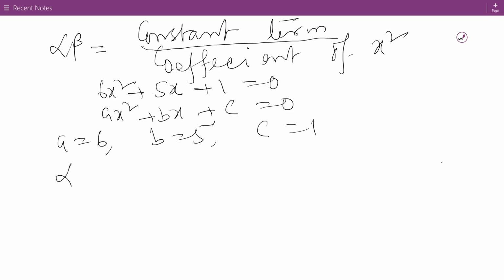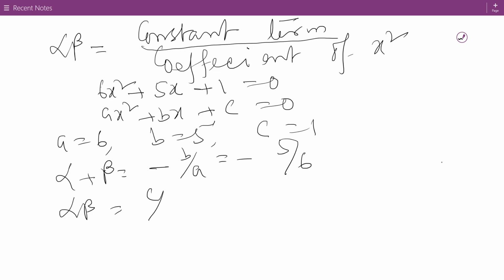Therefore, alpha plus beta equals to minus b by a, that is minus 5 by 6. Clear? And alpha beta equals to c by a. What is c? 1 by 6.